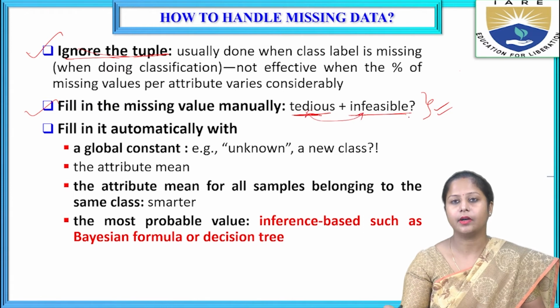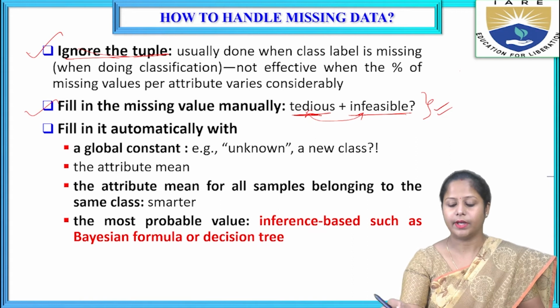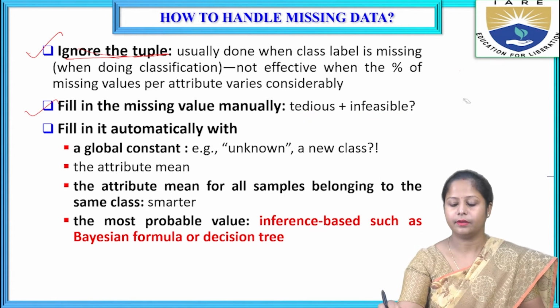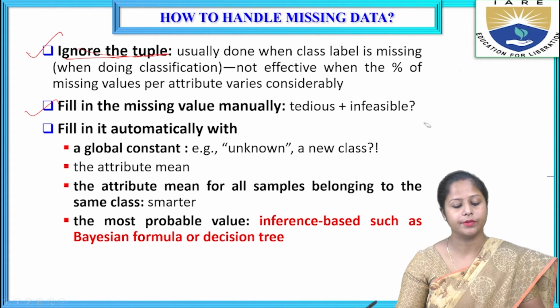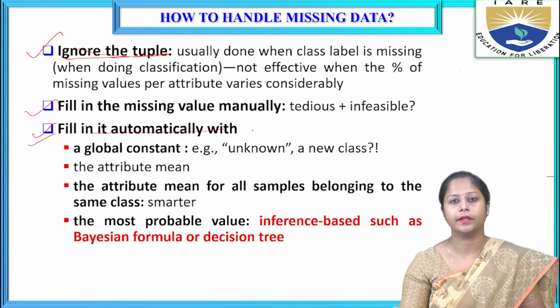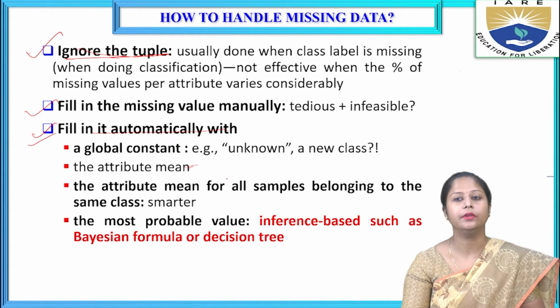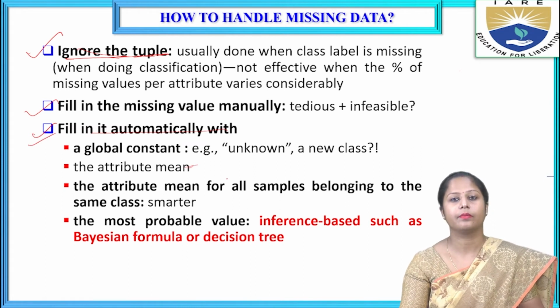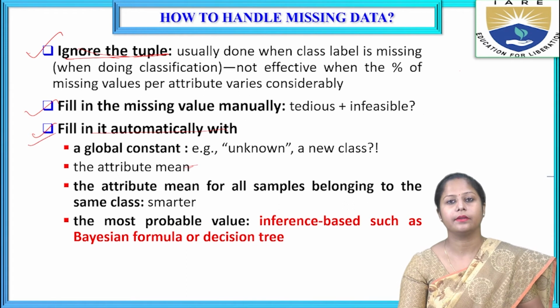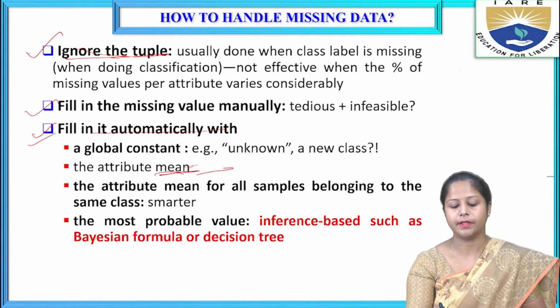Yes, that is also a tedious and infeasible job while filling the missing values. So the third way is filling it automatically. We will fill automatically with a global constant such as unknown, a new class, or the attribute mean. The attribute mean. Mean is nothing but average.